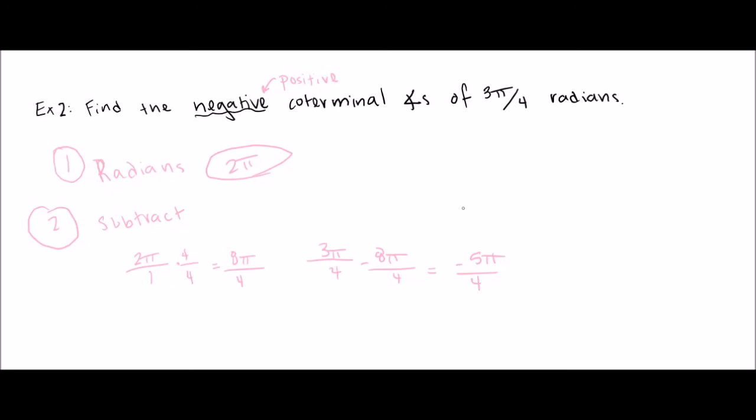So this is the negative coterminal angle in radians. To find a positive coterminal angle for this, we would do this, but we would add 8 pi over 4. So we are going to do 3 pi over 4 plus 8 pi over 4, and we get 11 pi over 4 radians.